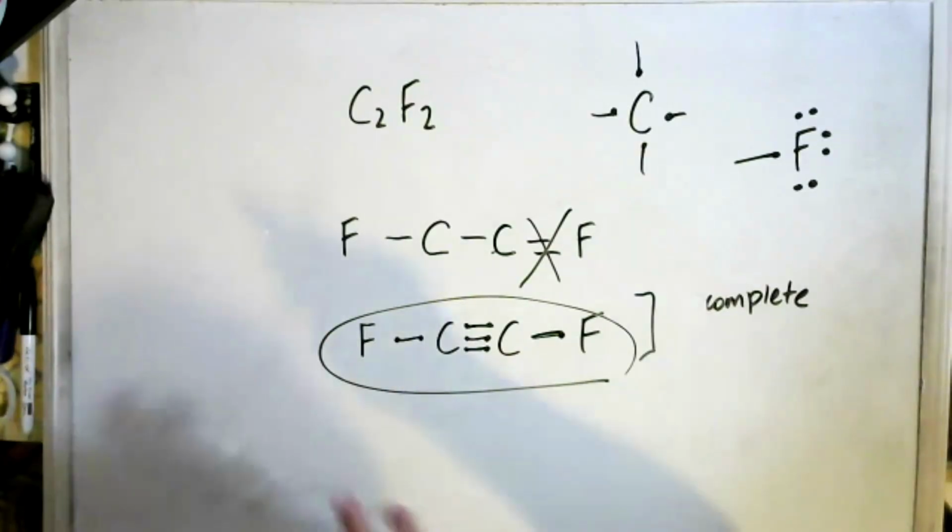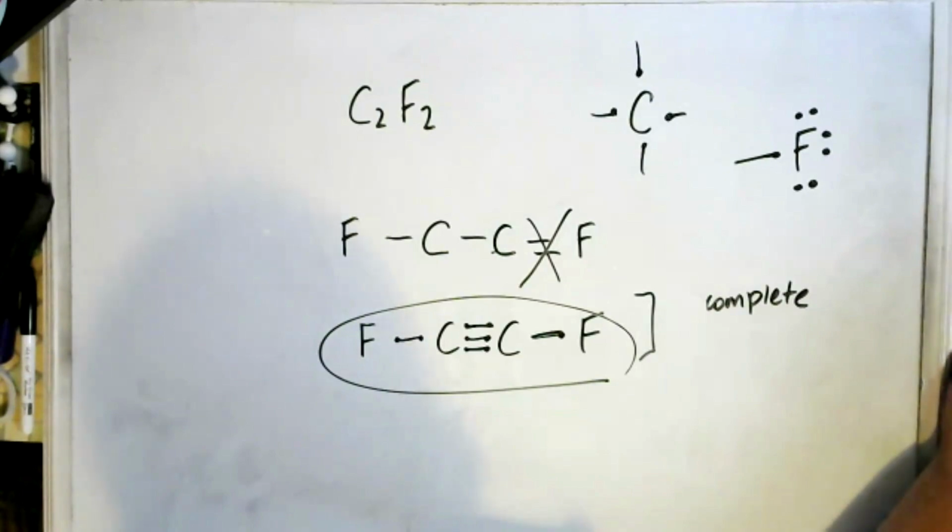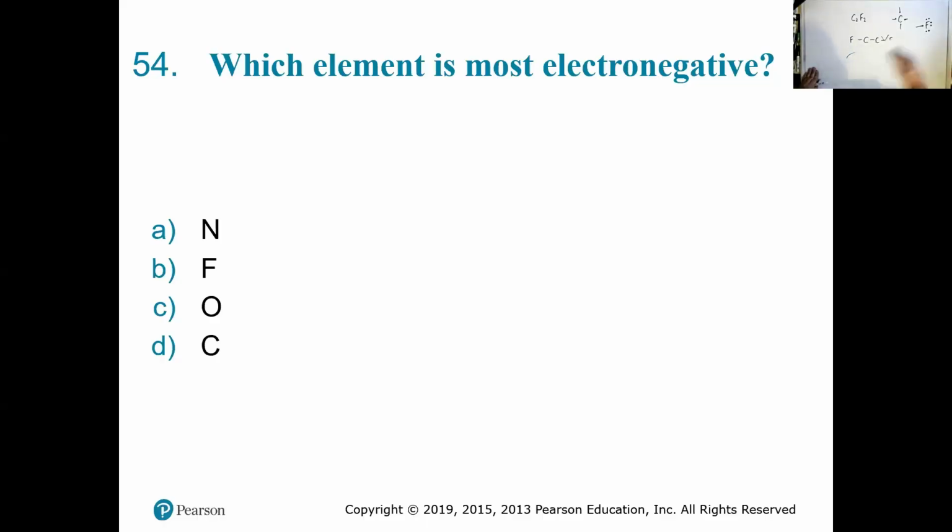Okay, the next question asks us, which element is the most electronegative? We'll just share this real quick so you can see the options. A question about electronegativity is a trend that you can think about like we were thinking about the size and the ionization energy.